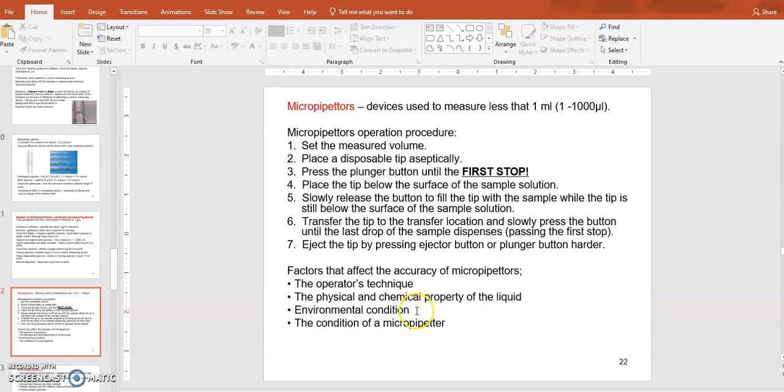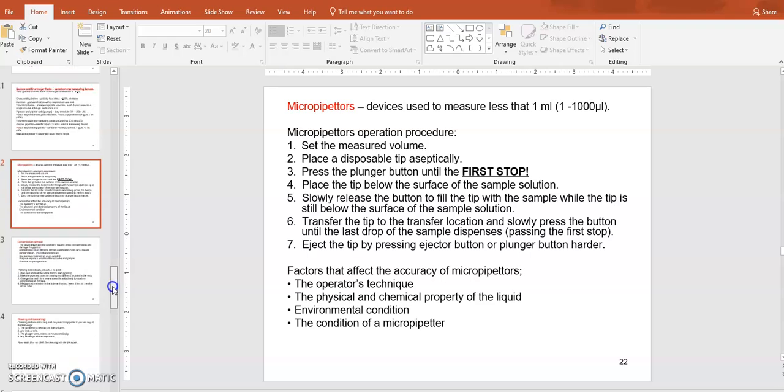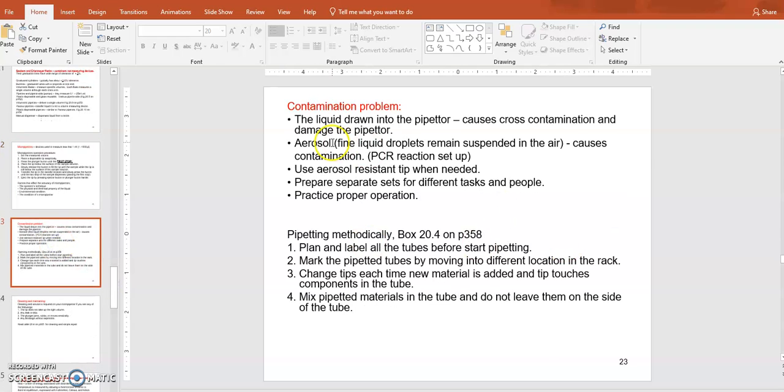And the environmental condition, maybe too hot, too dry, or maybe there's too much airflow. Those are not all good. And the condition of the micropipetter, it should be cleaned and maintained on a regular basis. And the contamination problem, like I said, you have to use it aseptically.